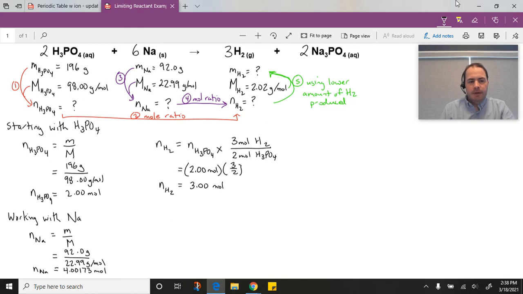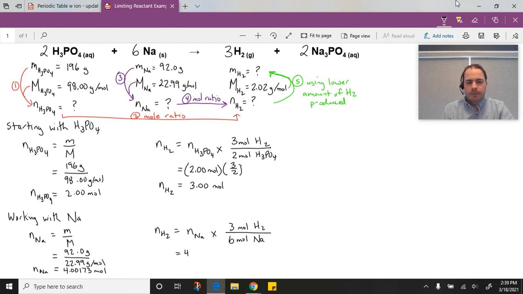Now, we've got how much sodium we have. If all that sodium gets used up, now we need to figure out how much hydrogen we would make. So we're going to take our number of moles of sodium and multiply by the mole ratio in our balanced chemical equation. Again, we want to find hydrogen, so hydrogen's going on top. And sodium is what we're working with, so we're going to get rid of the sodium. It's going to be on the bottom.